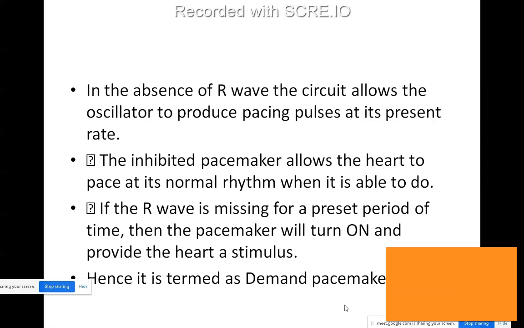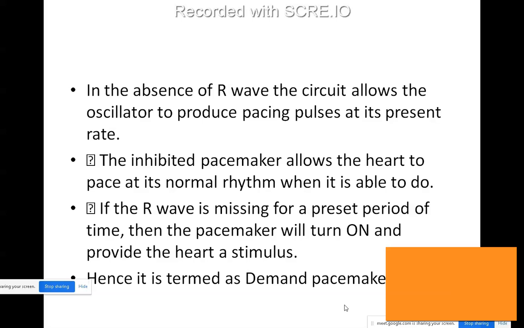Normally the R wave will be giving the rhythm to the heart. So in the absence of the R wave, you will turn the pacemaker on, and it will provide the pulse to the heart for stimulation.